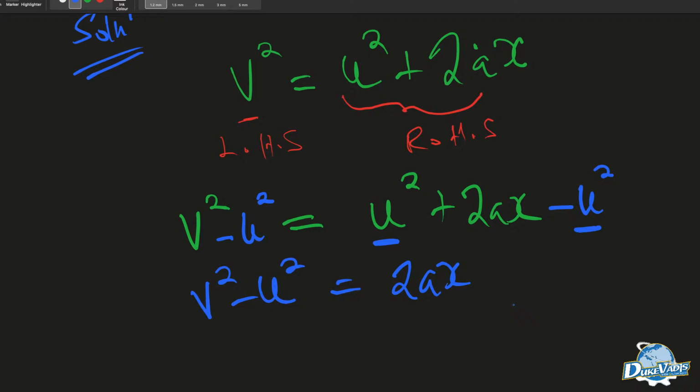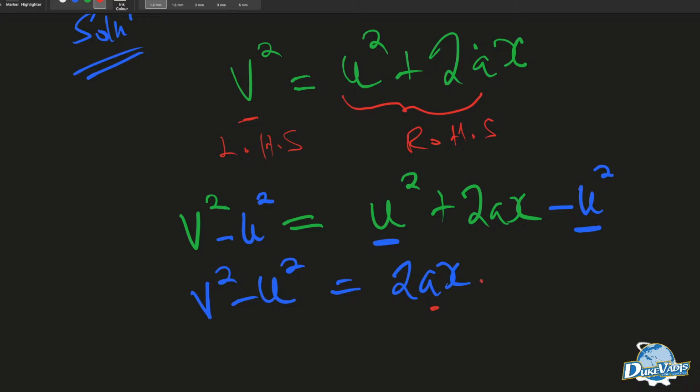Our interest is to make a the subject, so a has got to stand alone. So v squared minus u squared is equal to 2ax.